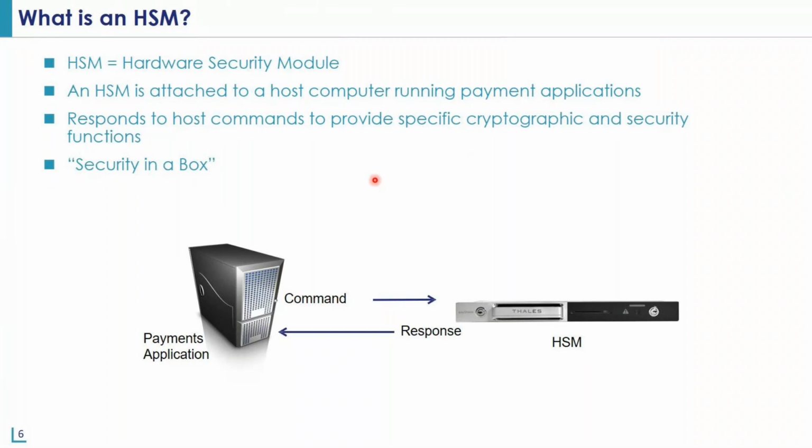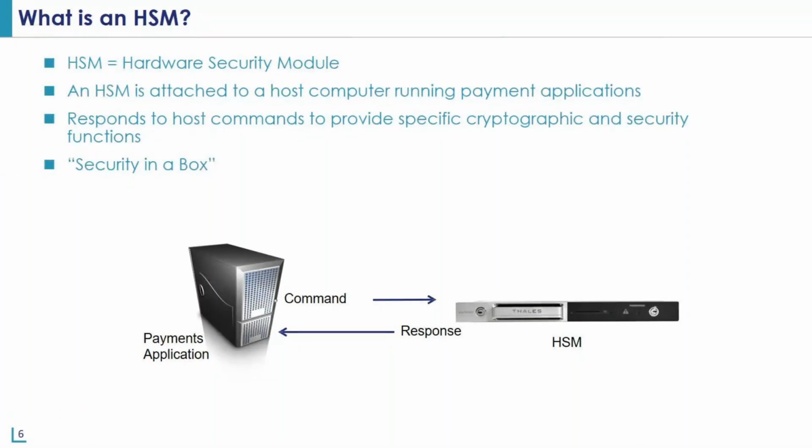PayShield 10K is a hardware security module. It is an HSM. HSM stands for hardware security module. So we all know that in cryptography, we have processes like encryption and processes like decryption.